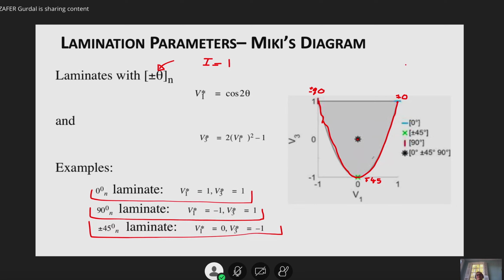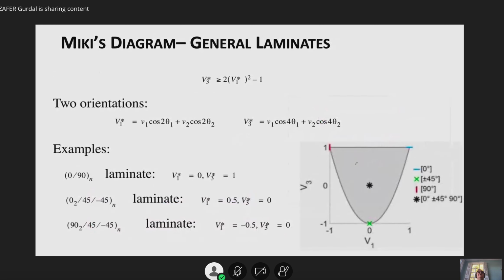So what do we do? We try two different angles. We make, say, I equals 2 or larger. But 2 is enough. So let's make capital I to be, say, 2. So I have a theta 1 and theta 2.